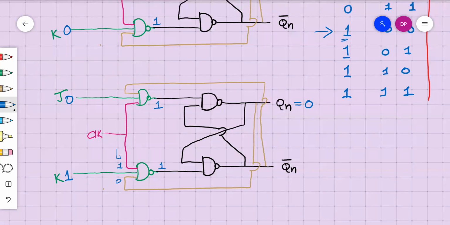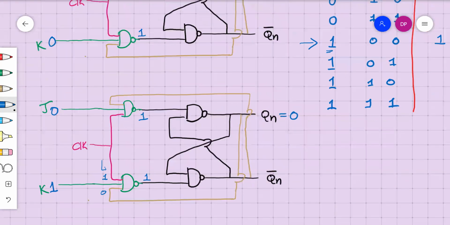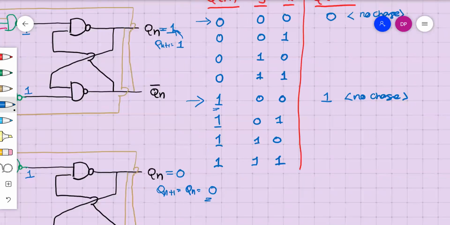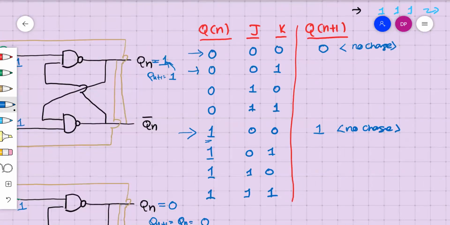So we are getting the outputs of the 3 input NAND gates as 1, 1. When it is 1, 1, it will act as memory. So Qn plus 1 will be equal to Qn, that is 0. So the combination we have taken was Qn as 0 and J, K as 0, 1, and the answer we got is 0.